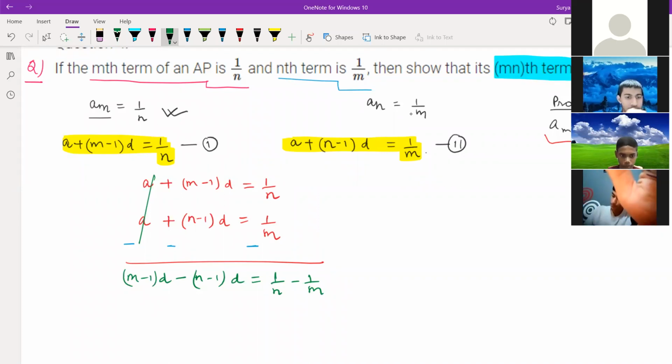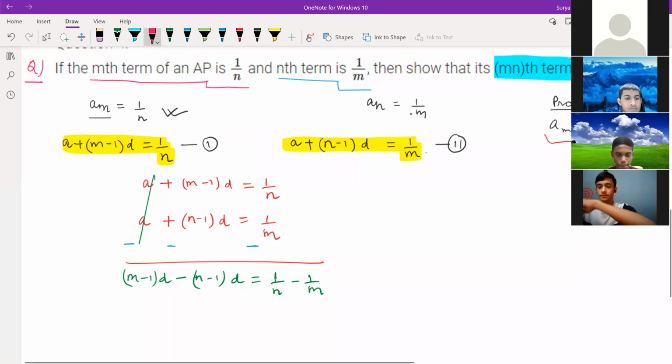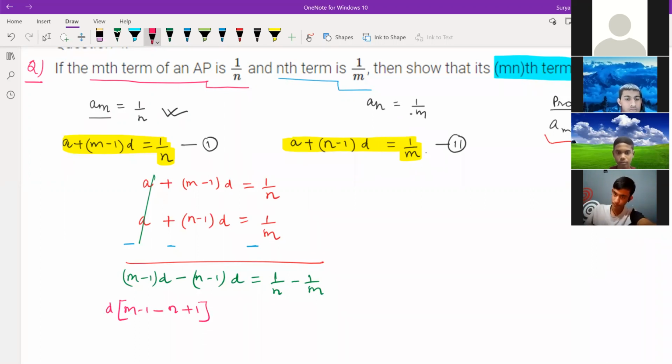Now (m minus 1) into d minus (n minus 1) into d is equal to 1 by n minus 1 by m. Now what we can do here is we can take common d. So what we'll get? m minus 1 minus n plus 1 is equal to m, and you can take LCM over here, and we can write m minus n.